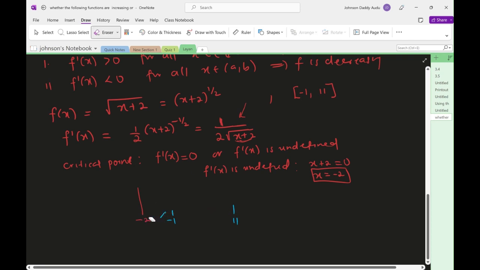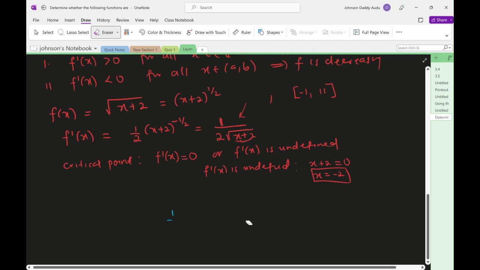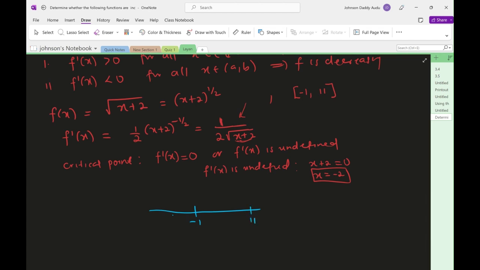So in this situation, you just need to take only one number and test. Let me draw this table very well. Here is -1 and here is 11. Now, what is our f prime? Remember, our f prime is 1 over 2 root of (x plus 2).